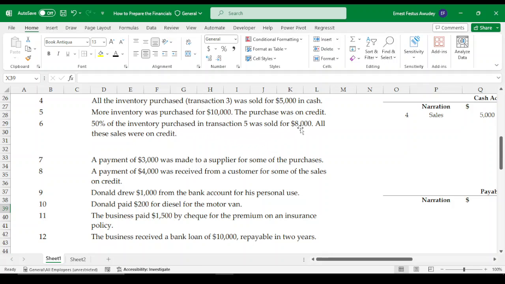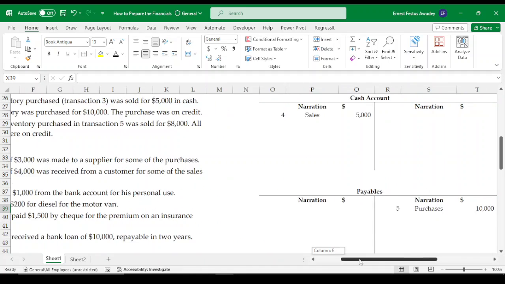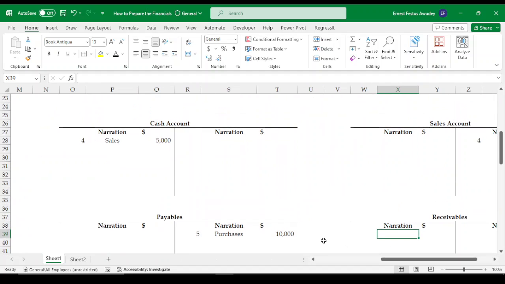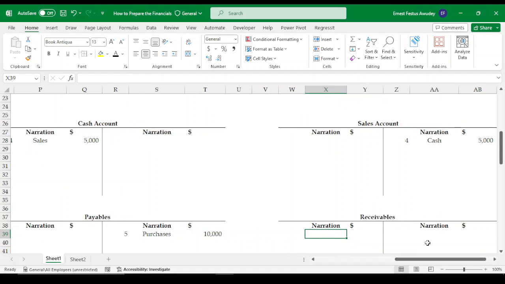All right, so the amount involved is 8,000, and we have our receivables account, and the corresponding account is going to be a sales account, which we already have. So we have sold, so our sales is going to be increased.